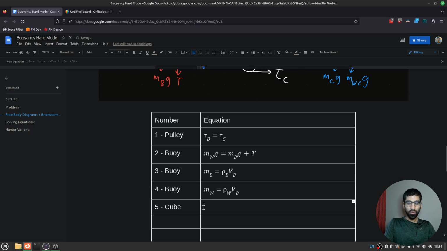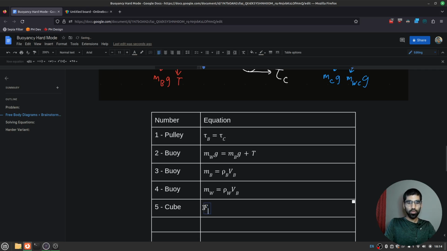For the cube, we just have the normal force in the upwards direction, equal to the two downward forces, which is the mass of the cube times the gravitational constant. Also we have this mass of the water column.